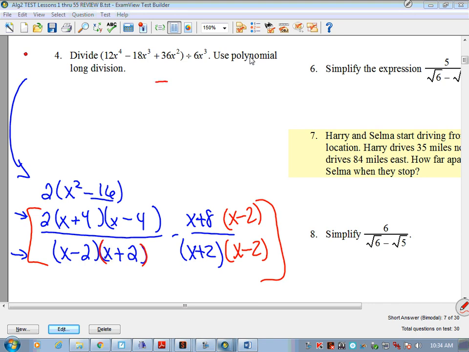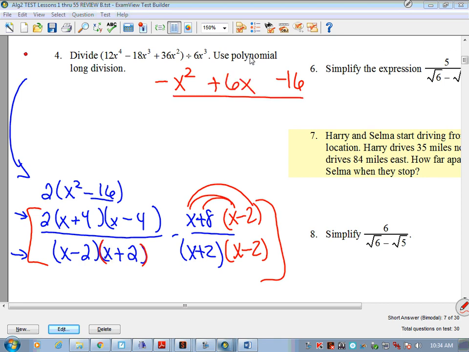Right here, we can FOIL that back out so that I've got x squared minus 2x plus 8x minus 16. Okay, we know that negative 2x and 8x are going to be positive 6x.